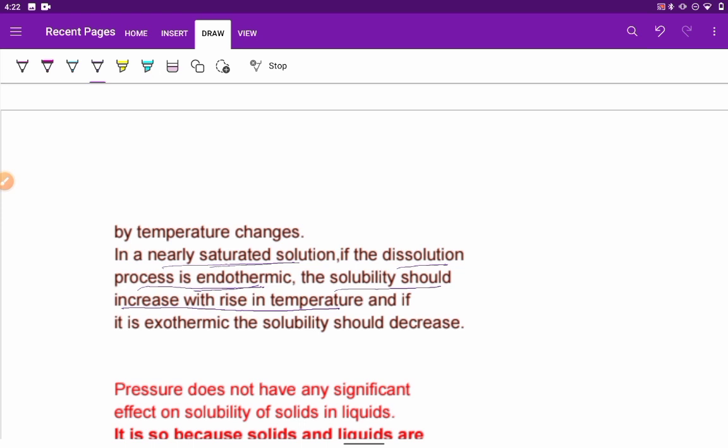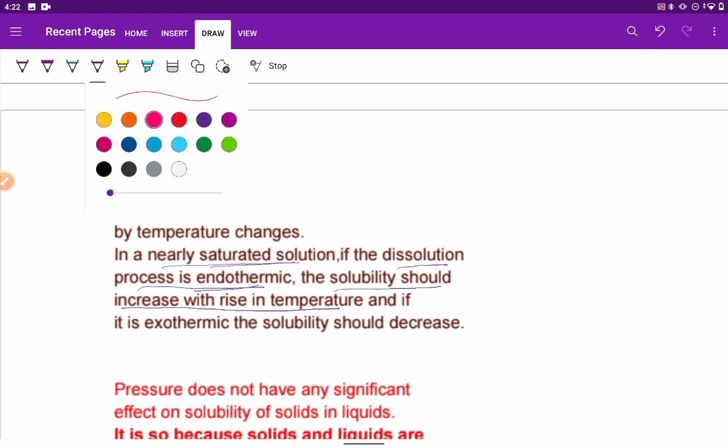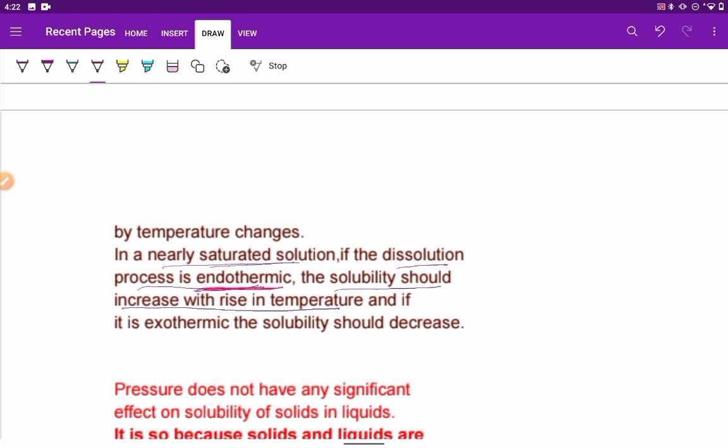So the solubility should increase with increase in temperature when it is endothermic. When it is exothermic, the solubility should decrease. If we raise the temperature and if the process is exothermic, the solubility should decrease. This is according to Le Chatelier's principle.